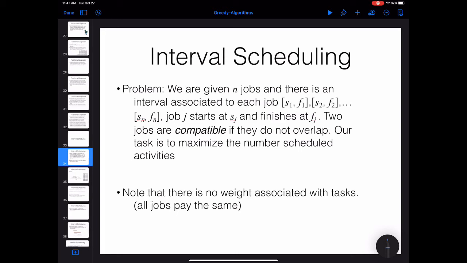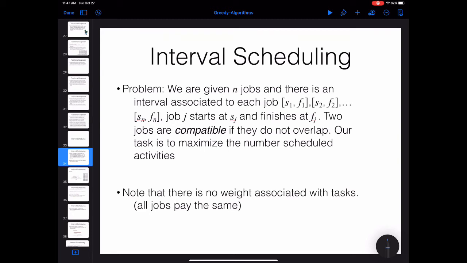The problem is telling me that I have n jobs, n activities, and I'm going to just assume that you have, for example, one room or one machine, and you want to take as many jobs as possible to run on that machine, or you want to take as many activities as can be done in that, for example, room.